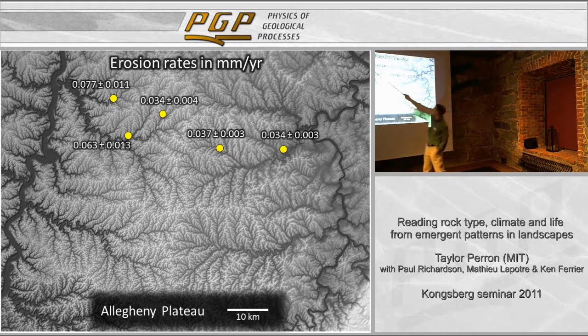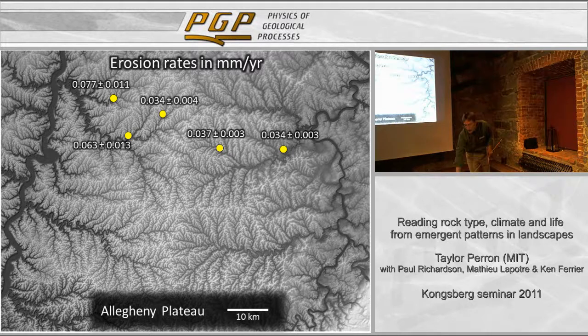And so you can actually see this progressive slowing of erosion rates as you get further away from this pulse of incision that you can see propagating up through the drainage channel. Once you get up into the upper part of the plateau, it doesn't know that's happening yet. So the erosion rates up here are all about 0.03 millimeters per year.